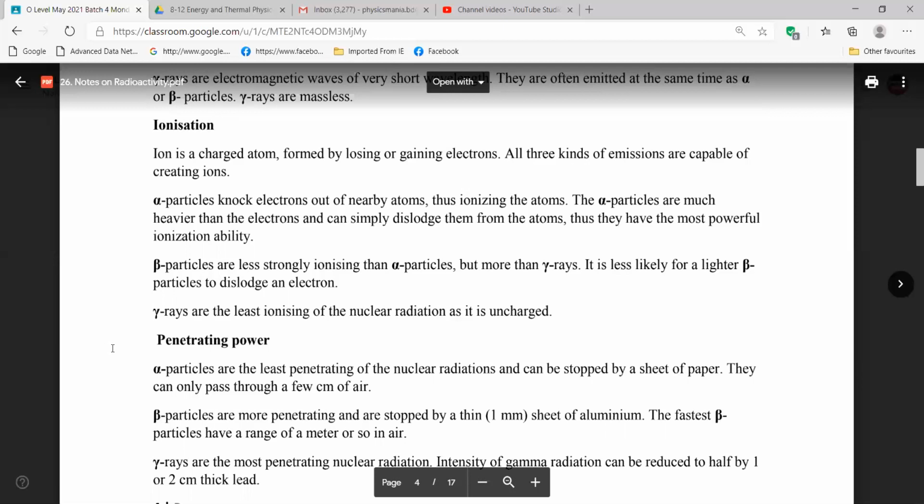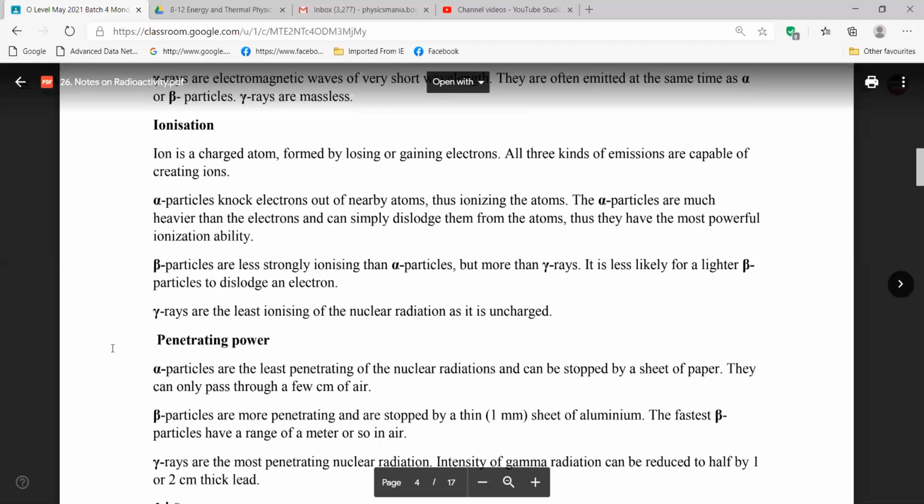Yeah, alpha particles have a charge of two, right? Two positive charges. So their ionizing capacity is more than beta and gamma, right? Because beta has only one charge, so its ionizing capacity is half of alpha.